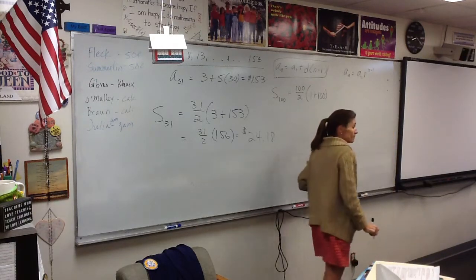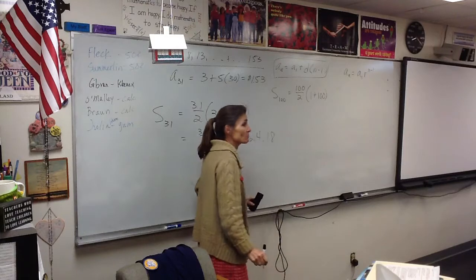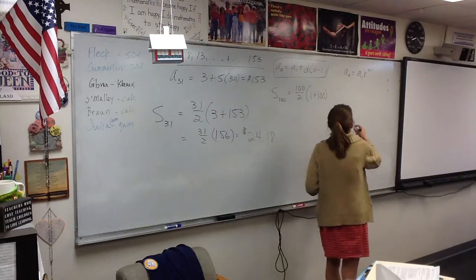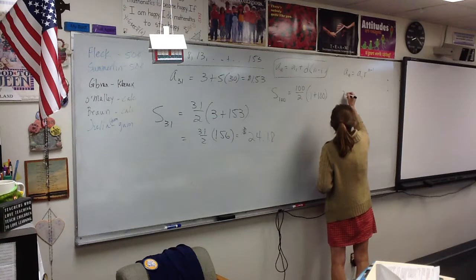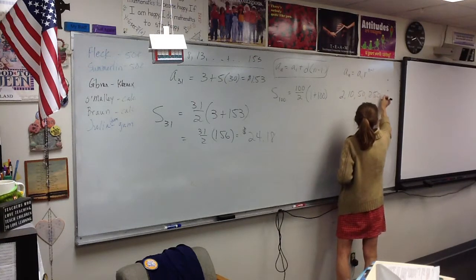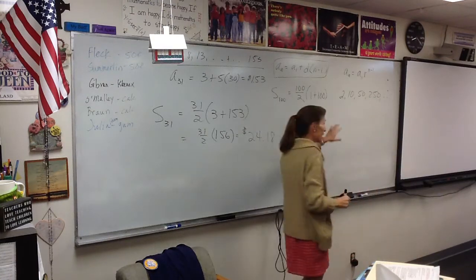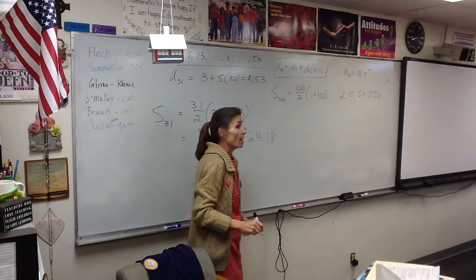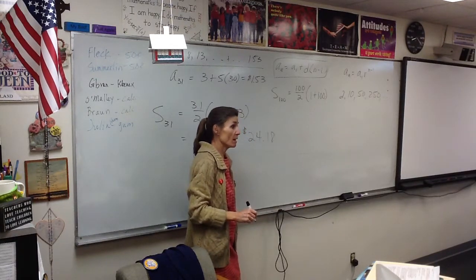Yep, that's your formula for a geometric sequence. So if you have a geometric set of numbers, like 2, 10, 50, 250, how do I know that's geometric? I'm going from term to term by multiplying.